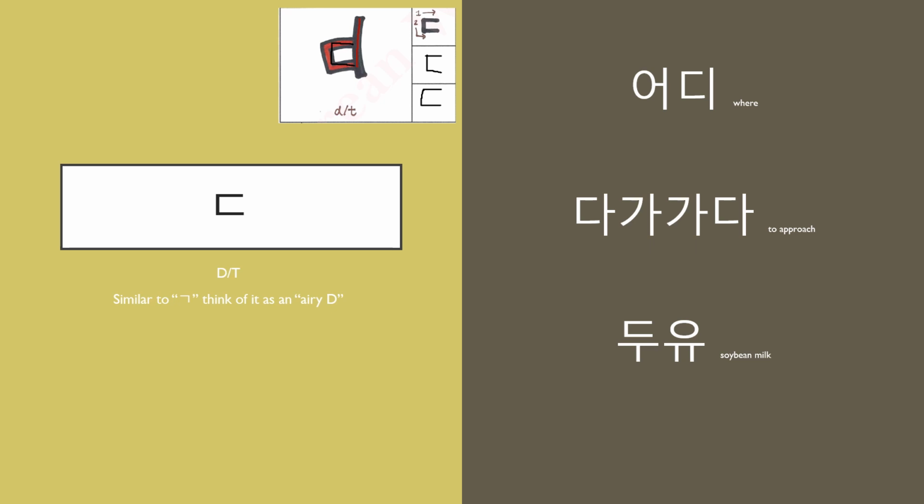Similar to the first consonant we looked at, I say D/T because it's not a solid D and it's not a solid T. So you have to do this again by making it into quotation marks, an airy D sound. To give you an example, the word dummy with a Korean D/T would sound like Tommy, Tommy.